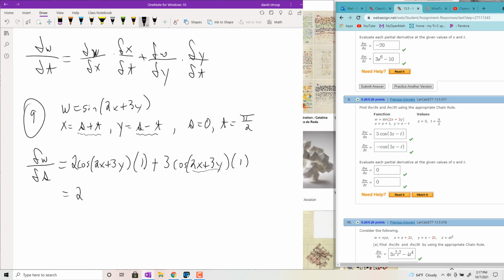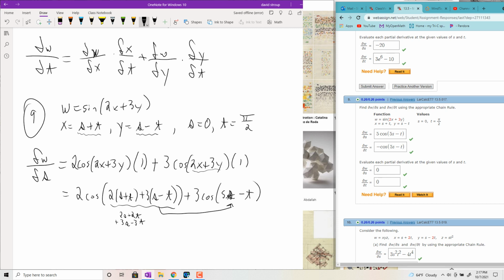Cleaning it up a bit, I got 2 cosine, and I need to turn everything in terms of s and t. So I'll have 2 times s plus t plus 3 times s minus t, plus 3 times cosine, and then simplifying this stuff and just plopping it in here because they're the same, you'd have 2s plus 2t plus 3s minus 3t, which would be 5s minus t.